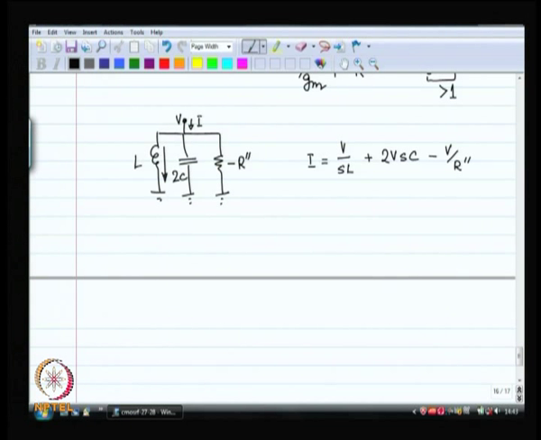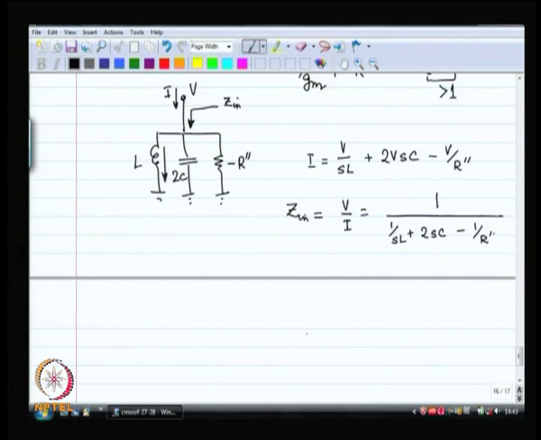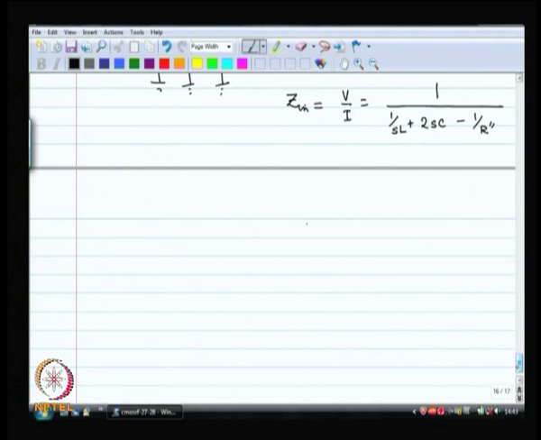So, if I plan to look at the input impedance, this is what I see, which I can simplify a little bit.